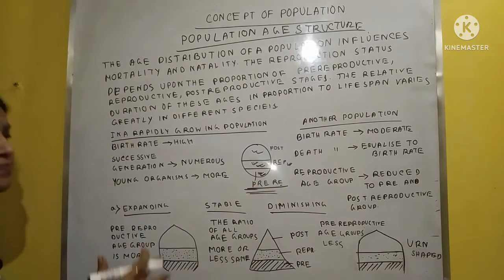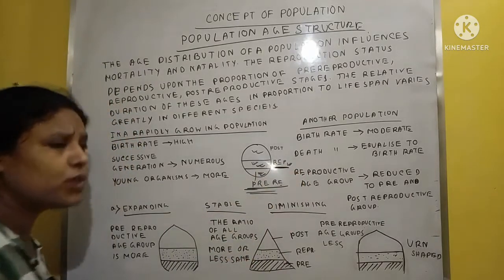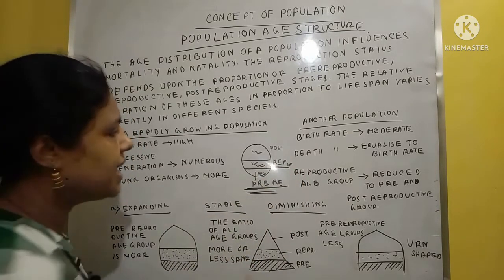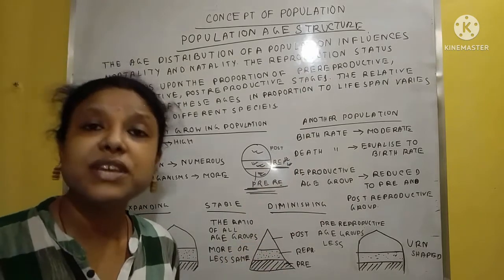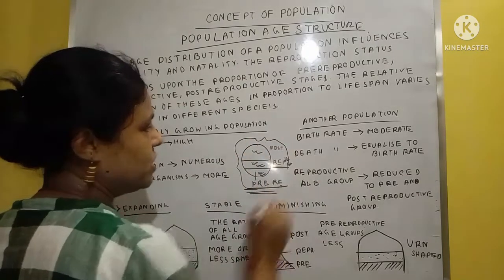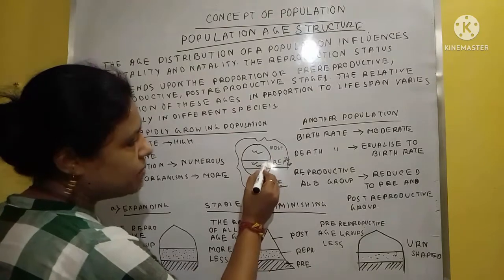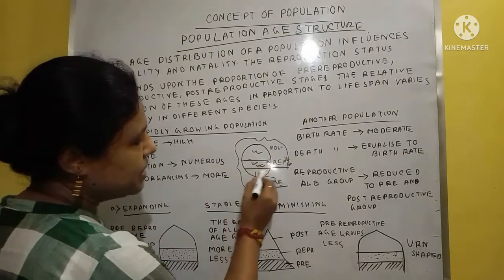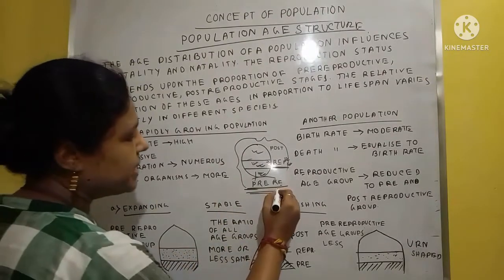If production of young ones is high in the reproductive stage, the number of individuals will obviously be high. But if production in the reproductive stage is low, that is totally dependent on the pre-reproductive stage.